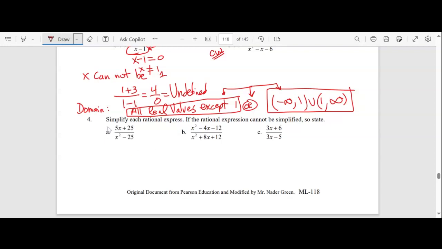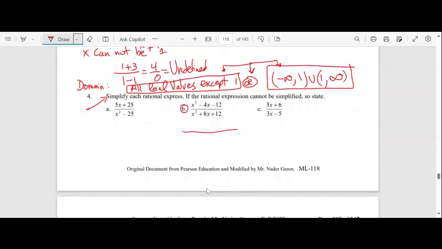It says here simplify each rational expression. If the rational expression cannot be simplified, please state so. I'm going to solve B, because B looks a little bit hard. So here, what do I have? I have a trinomial, right? Because how many terms? 3 terms. The top is 3 and the bottom is 3. So I'm going to factor the trinomial. But do we have a greatest common factor? We don't have a greatest common factor. No. Okay.